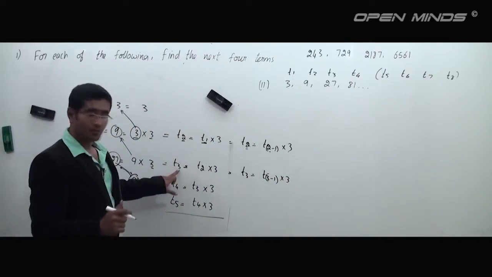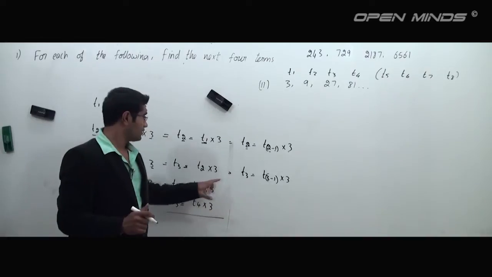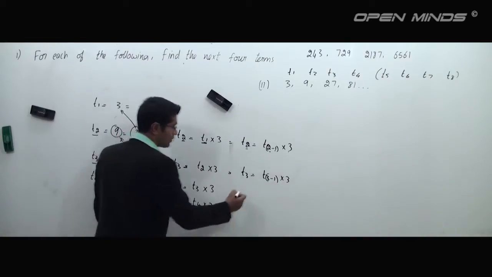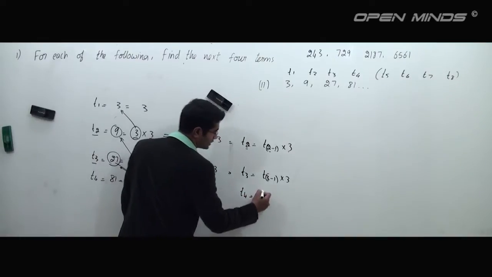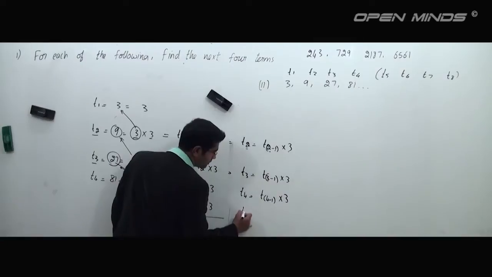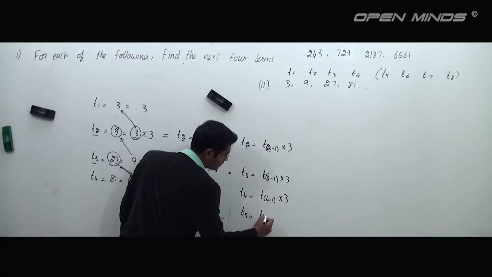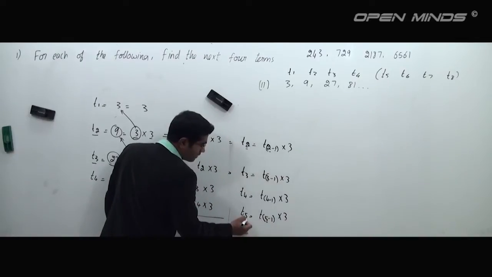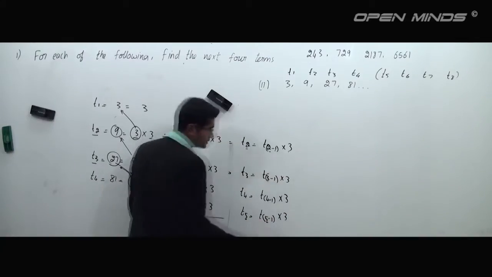There's a 3 here, right? Then this guy is 3 minus 1 and this 3 is not changing, this 1 is not changing. So if I have to write 4, there's T(4 minus 1) into 3. So what's T5? T5 is T(5 minus 1) into 3. So what's changing? If you have a 5 here, you have a 5 here. The rest was the same.